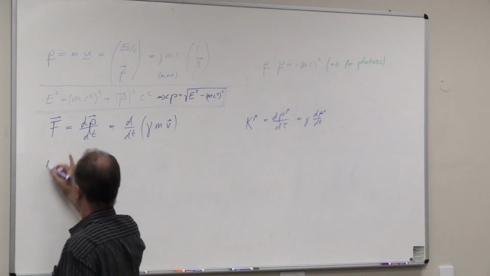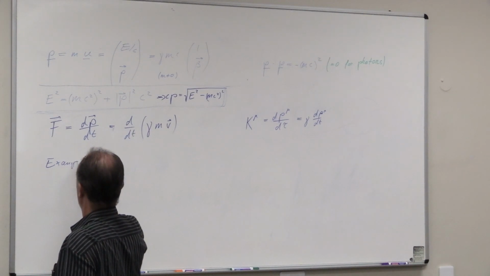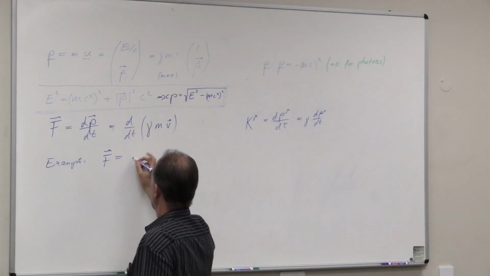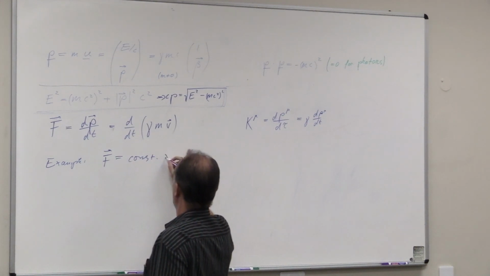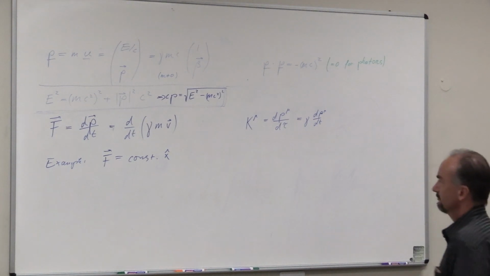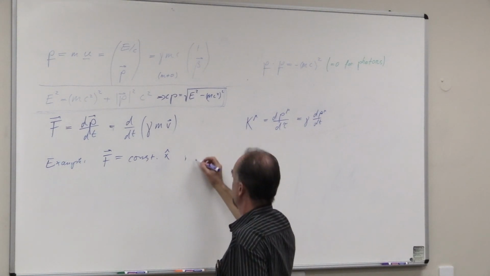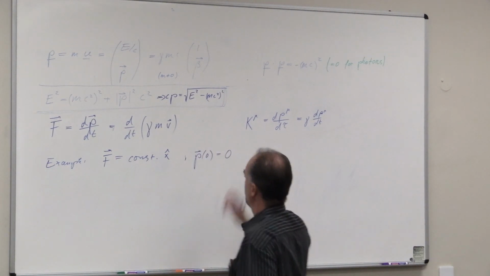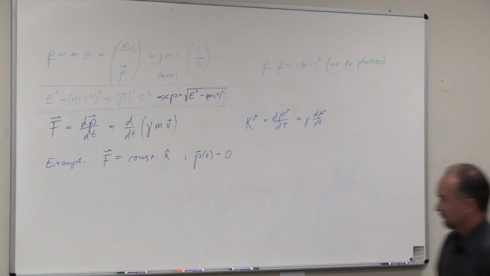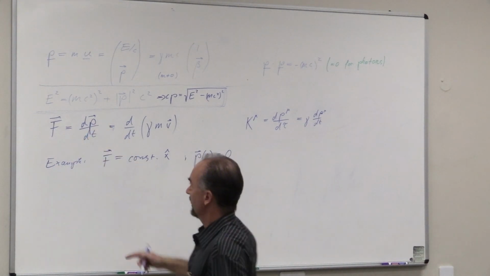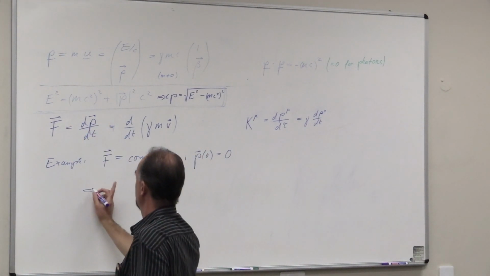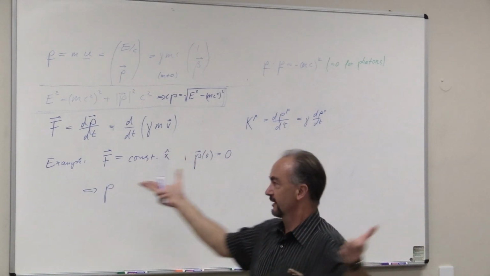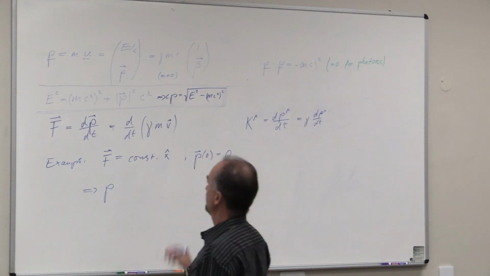I'll take one very simple example. If F is just a constant in the x direction, and we start out with p at time 0 equals 0, then it's very simple to integrate this up. If that is constant, then, since everything only happens in the x direction, let's forget x here.